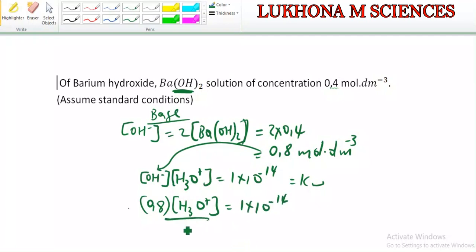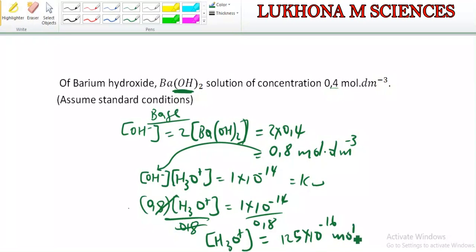Then we divide by 0.8 both sides. Then we press the calculator. Negative 14 divided by 0.8. Then we get the concentration of H3O plus, which is equal to 125 times 10 to the power negative 16 mole per dm cube.